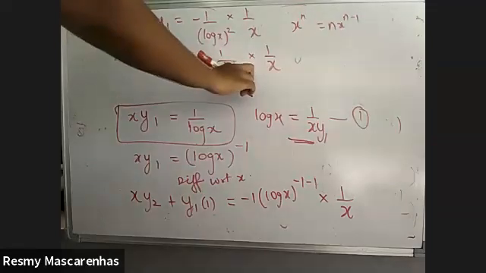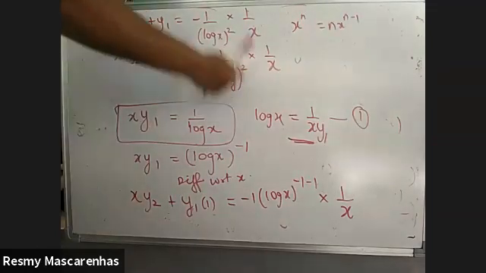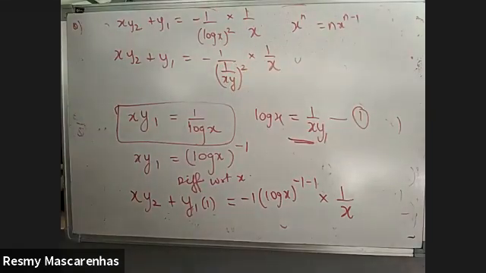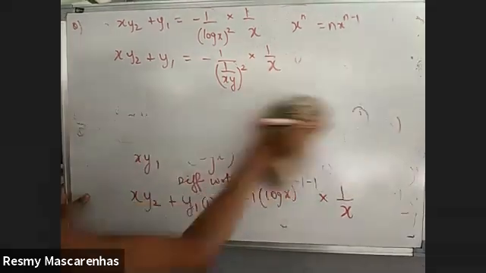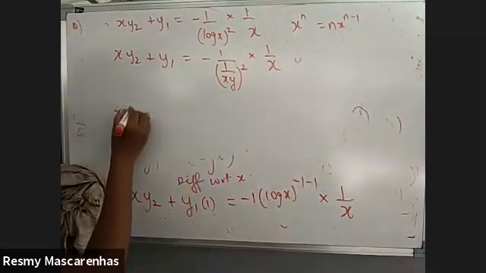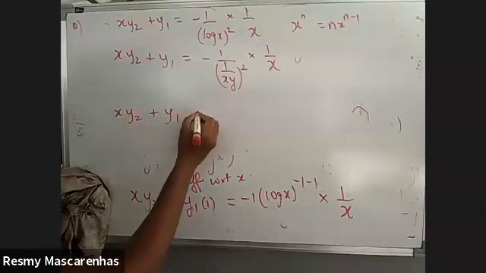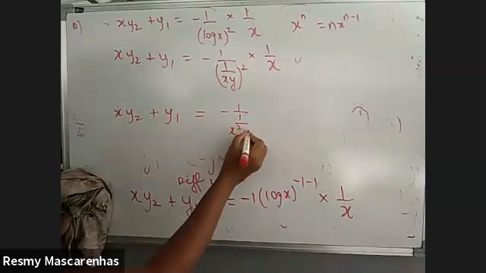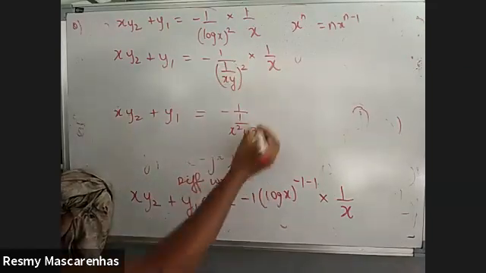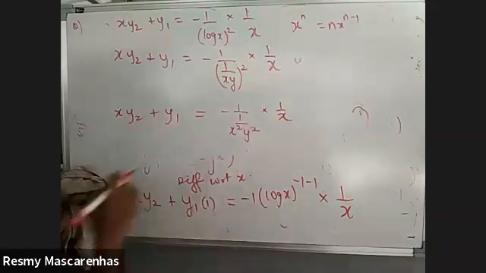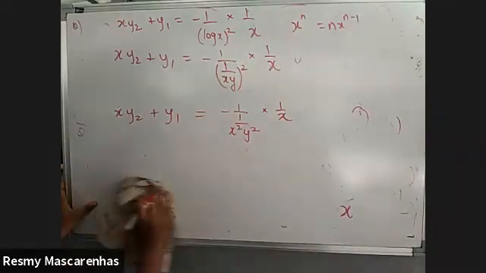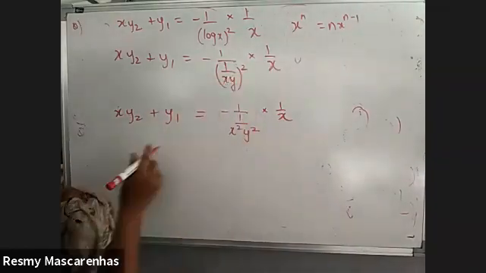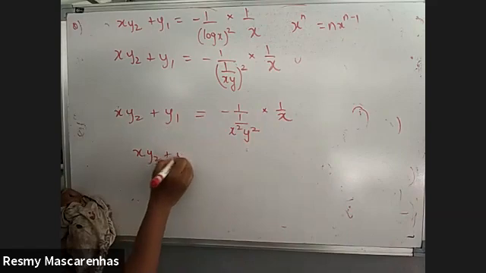Now just simplify, means square this and then the reverse. So this will become 1 upon x square y square. And then 1 upon something, we go back reverse.